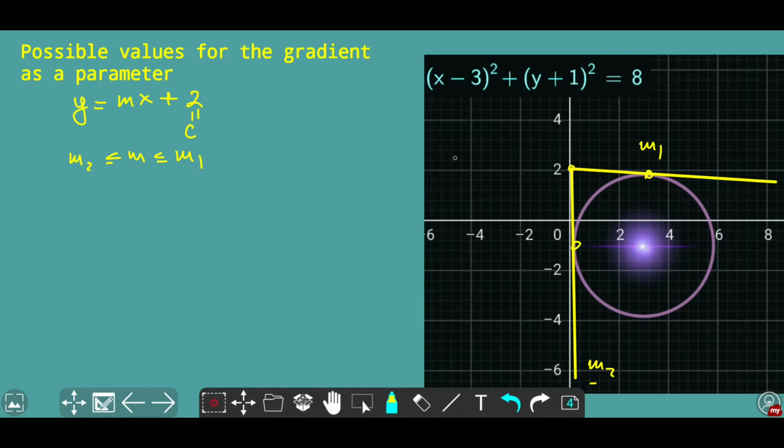However, somewhere outside, for example, if you take this line that goes through 2 and you increase the gradient and make it positive, there will be no points unless, again, we reach this critical value where we have a touching point, because the line also goes down, and that's going to be another value for m, which is going to be m2, so that the line will touch the circle at one given point. All right, so I hope you understand how to explore.